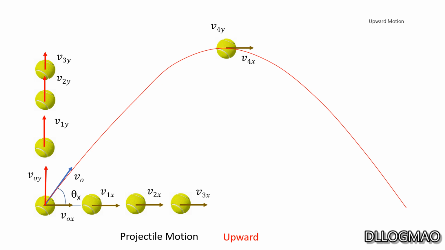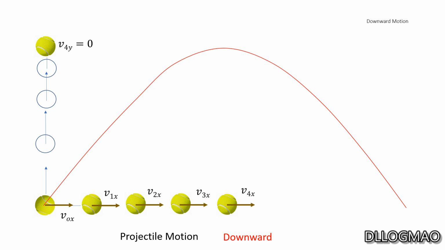At v sub 4, the position and velocities along the x and y axis. After this position, the projectile is moving downward. At v sub 5, the positions and velocities of the ball along the x and y axis.